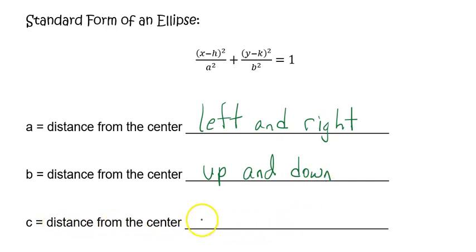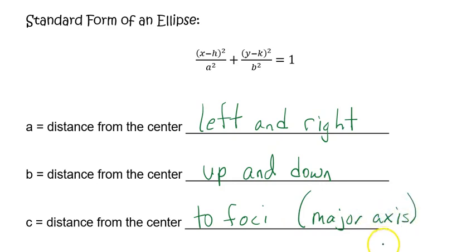And then C is the distance from the center to the foci. And again, these should always be located on the major axis. So sometimes that's left and right, and sometimes it's up and down.